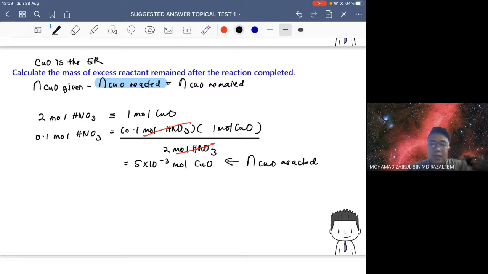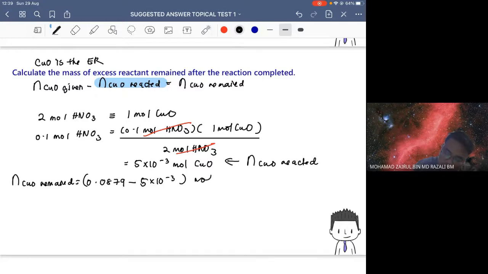Okay, nak cari mole CuO remain. So, mole CuO given adalah 0.0879 minus mole reacted 5 times 10 to the power of minus 3 mole. So mole remain adalah 0.0829 mole.